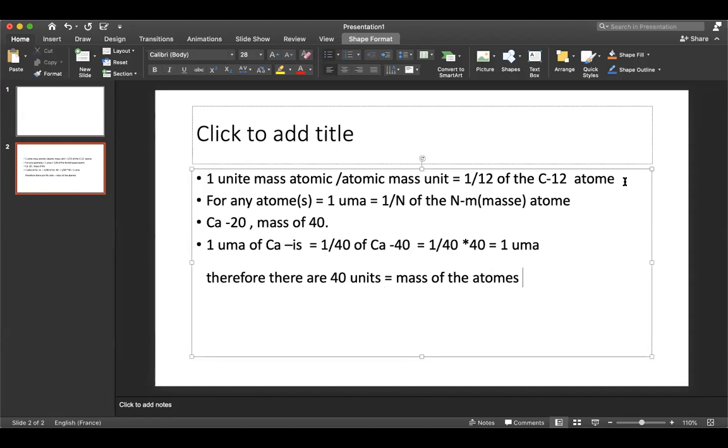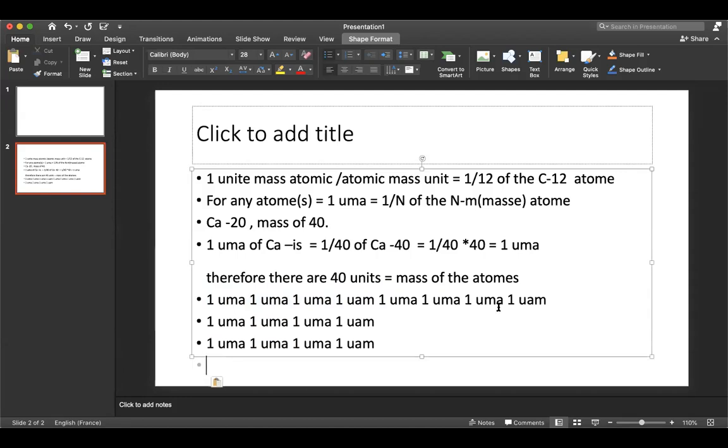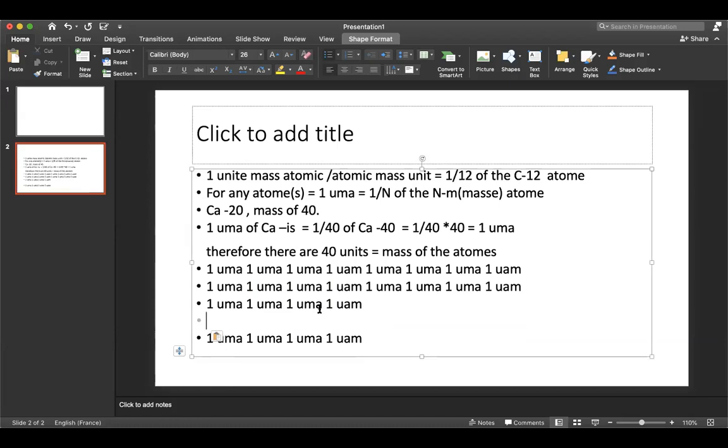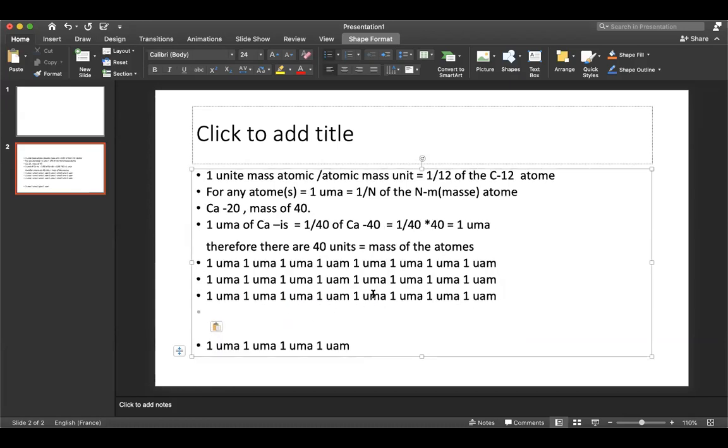To conclude, there is 1 unit mass atomic, 1 unit mass atomic, 1 unit mass atomic, and so on. So there are 1, 2, 3, 4, 5, 6, 7, 8, 9, 10, 11, 12, 13, 14, 15, 16, 17, 18, 19, 20, 21, 22, 23, 24.